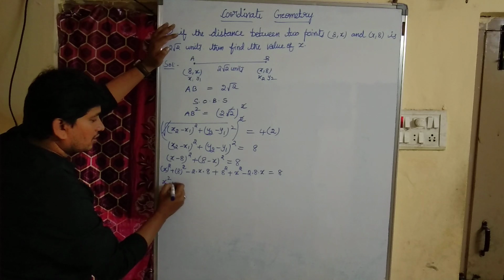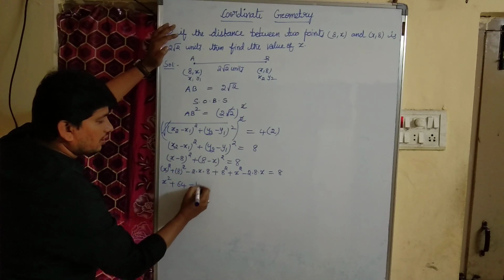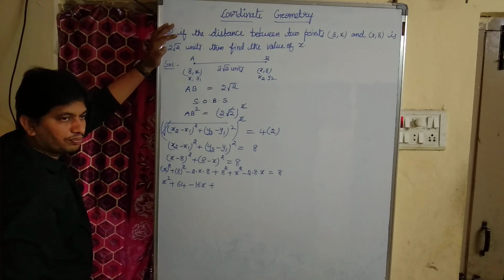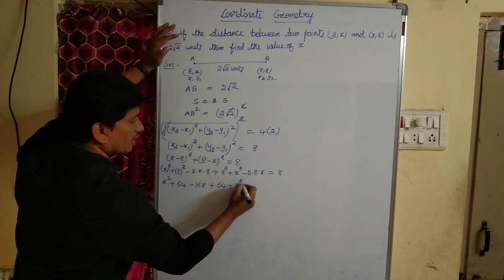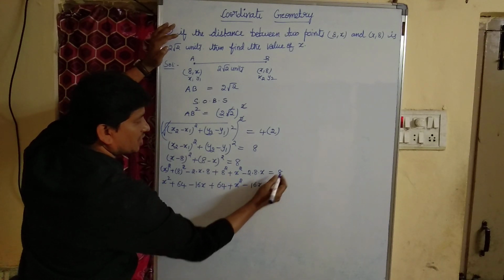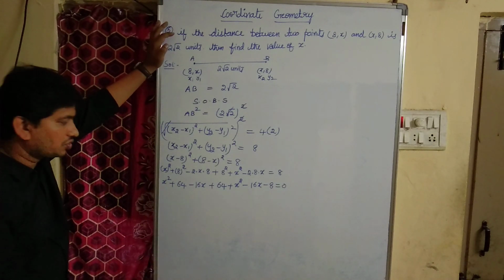So x square plus 8 square means 64, minus 2 8s are 16x, plus 8 square means 64 plus x square minus 2 8s are 16x, plus 8 you take this side, which is minus 8, equal to 0.